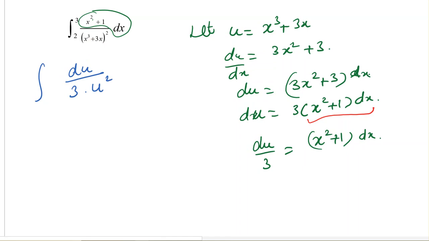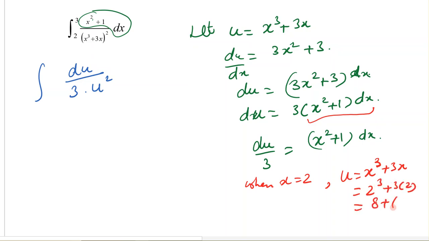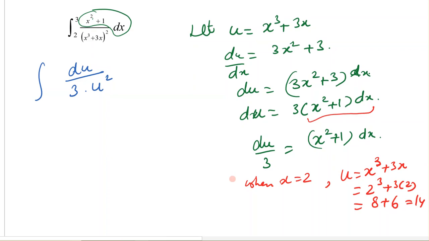And also, I would like to change the limits in this case. Instead of having limits for x, I'll try to have limits for u. So when x is equal to 2, what is my u? My u function is x cube plus 3x. So u would be 2 cube plus 3 times 2, so 8 plus 6, which is 14.